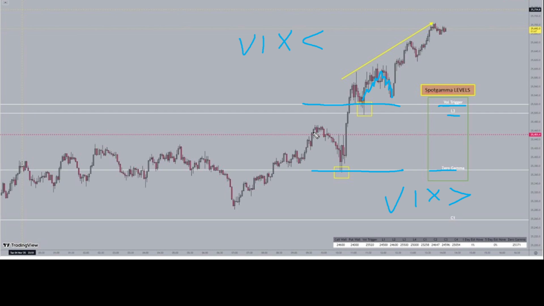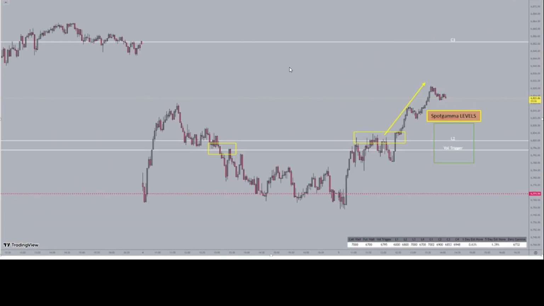Okay, continue with another example. Here's another example. The price broke this level, these two levels, the volatility trigger and L2, made a retest and went down.